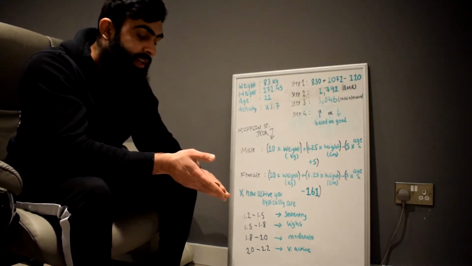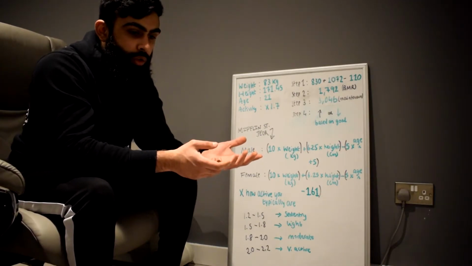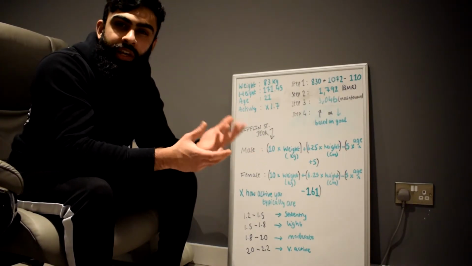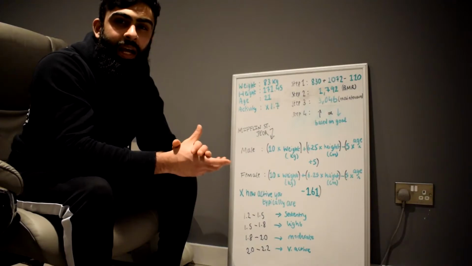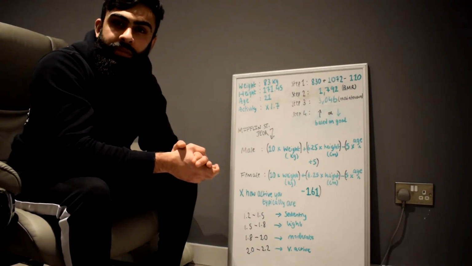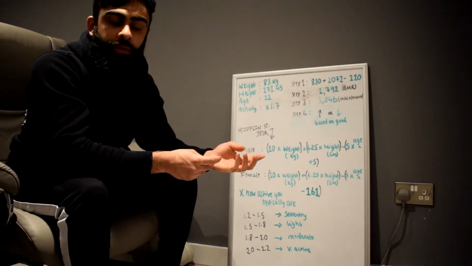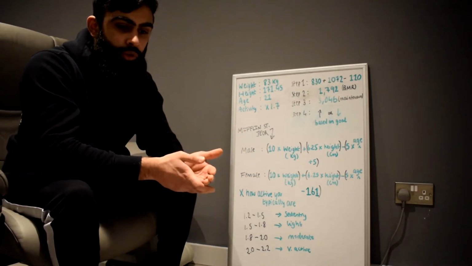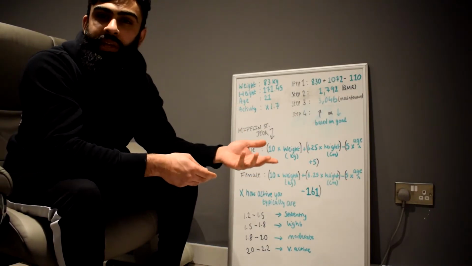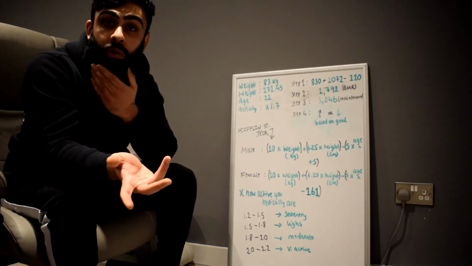The next category after that is moderately active. When I say moderately active, I'm saying you might not necessarily work a desk job, but it's not a high activity level job, it's a moderate activity level job. You might still be working at a desk, but outside of work you do a bit of sports, for example 5-a-side football on the weekend, or you might go to netball if you're a woman.